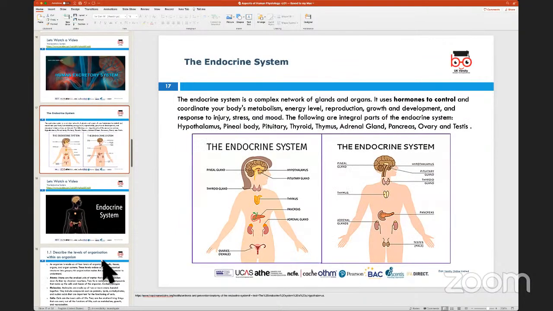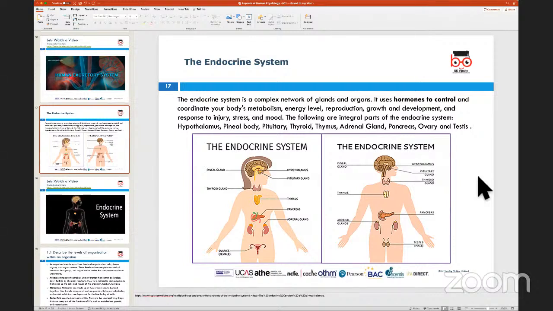Now, the last system that we want to look at, just to give you a sense of coverage of the 7 systems, is the endocrine system. The endocrine system is a complex network of glands and organs.